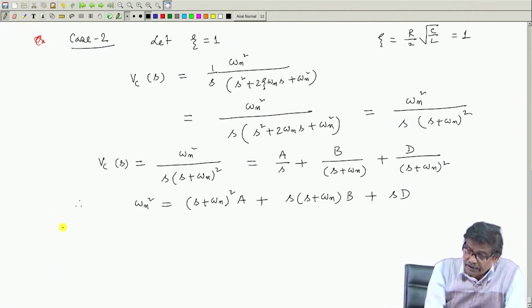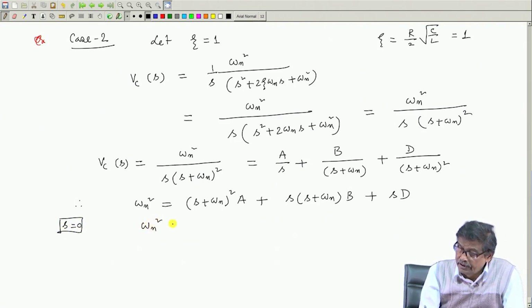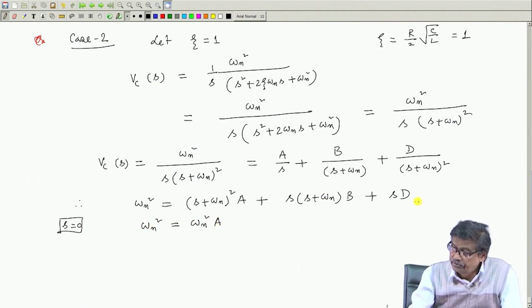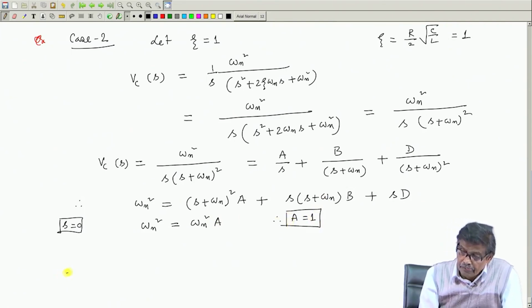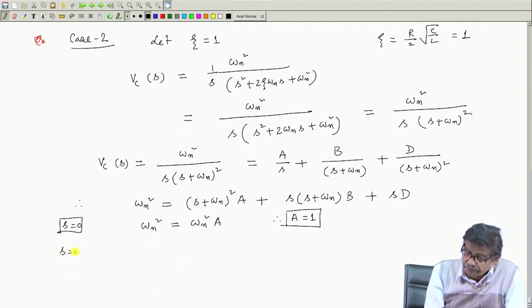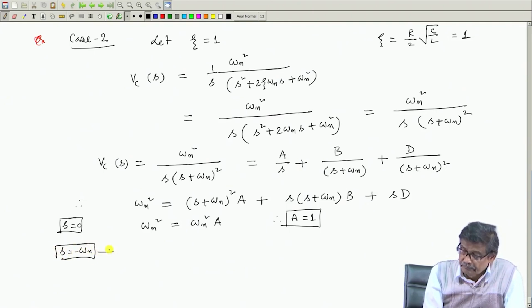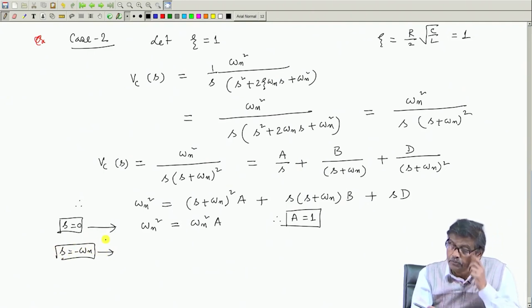So, one thing is, if you put s equal to 0, then it will be omega n square is equal to omega n square into A. These 2 terms not there, therefore, immediately I know A is equal to 1. A is equal to 1 is known. Then put s equal to minus omega n.